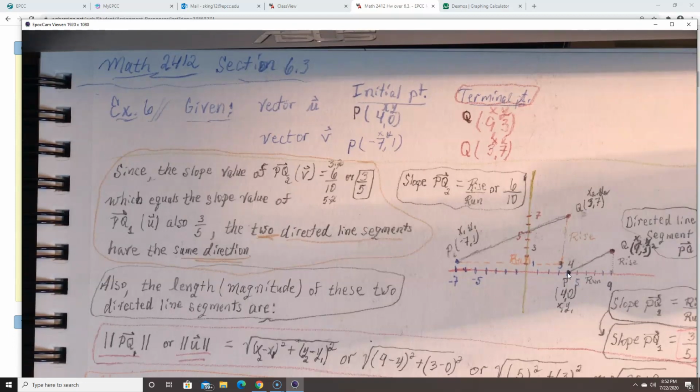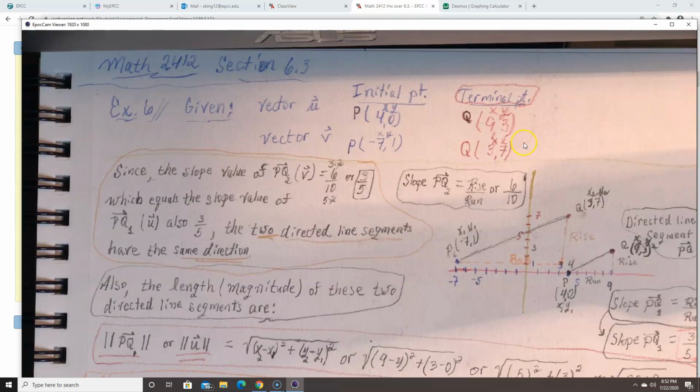So it depends on what the initial point is and what the terminal point is. This one's the initial point, P, which is (4, 0), right here. For the terminal point, here's the origin, 9 over in the positive x direction.